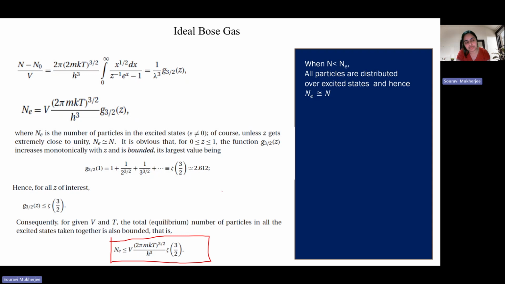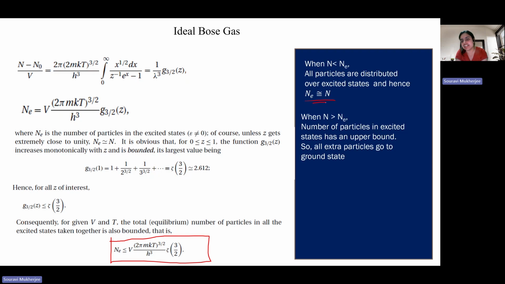Now if your total number of particles is less than Ne, all particles are distributed over excited states, and hence Ne should be comparable to N. So N less than Ne means everything goes to the excited state, and the number of particles in the ground state is small.